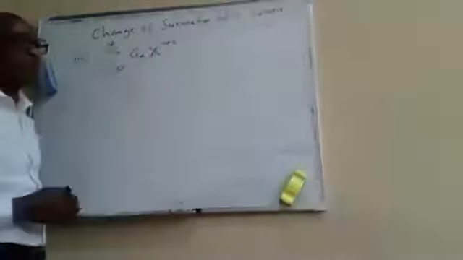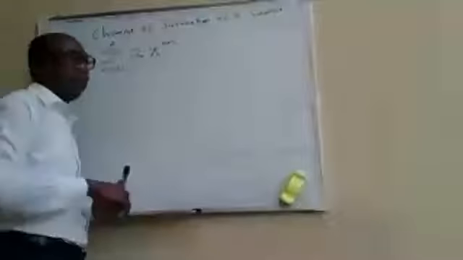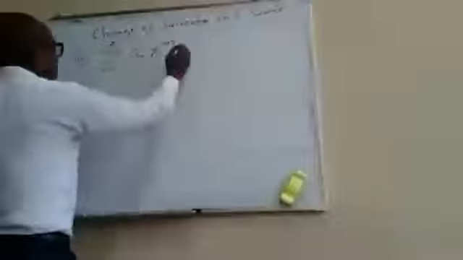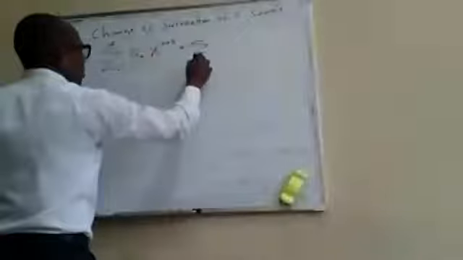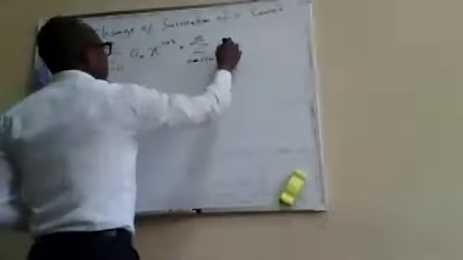Anywhere you see n, replace it with n minus 1. If you do that with this particular one, we are going to have summation n minus 1 equals 0 to infinity, a_(n-1) x^((n-1)+2). Anywhere you see n, it is n minus 1.